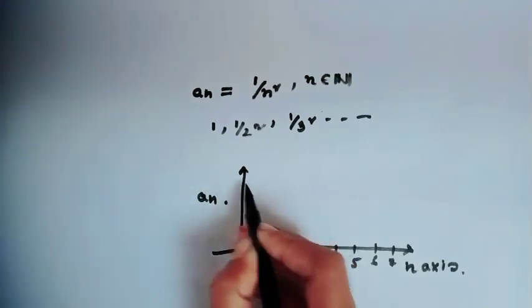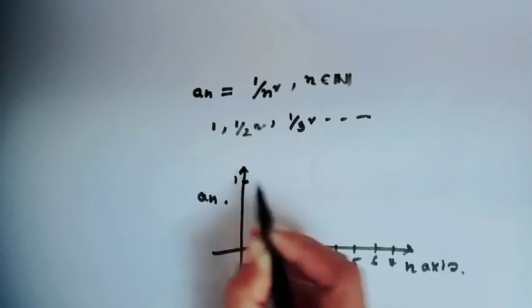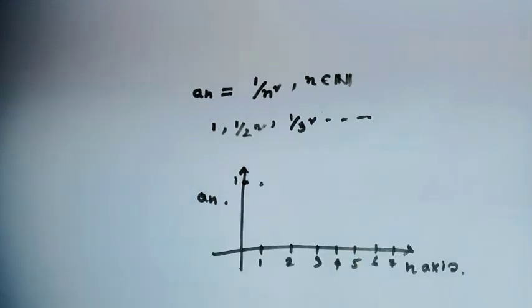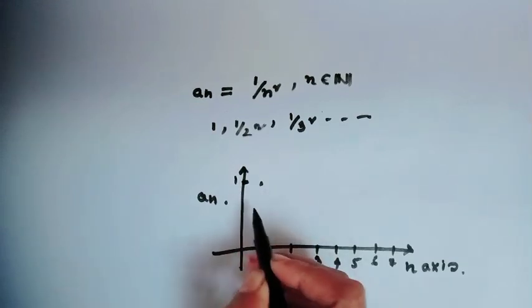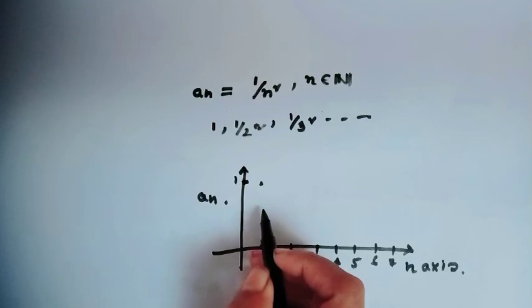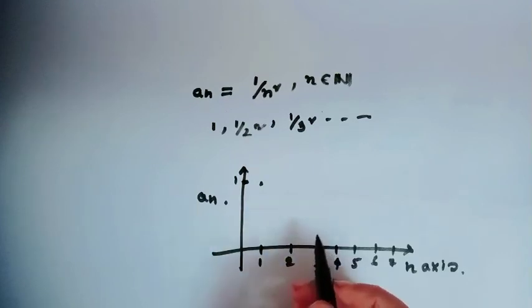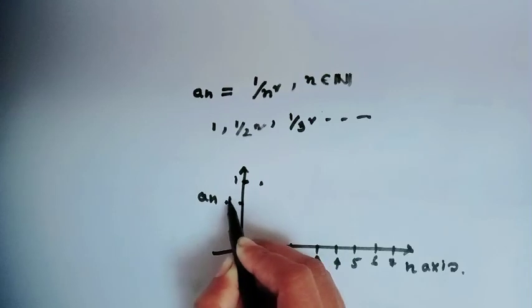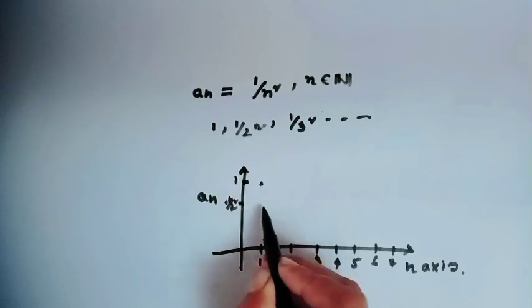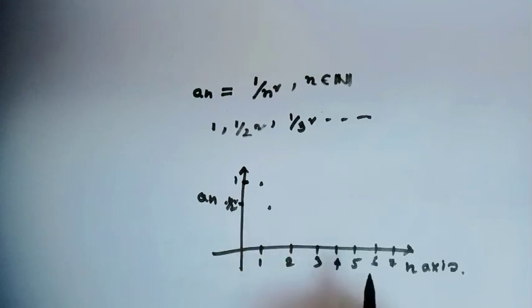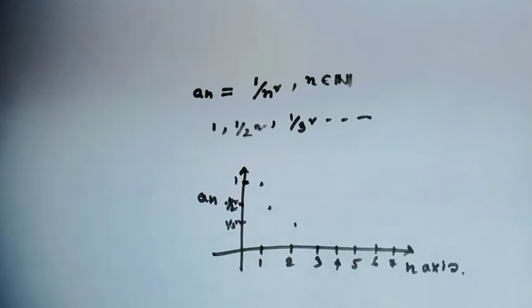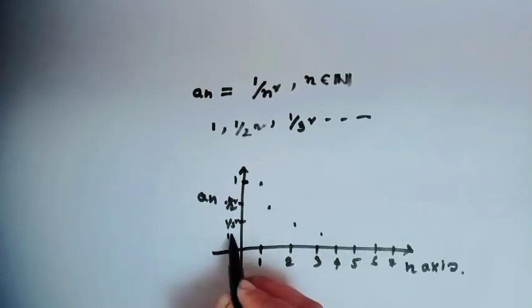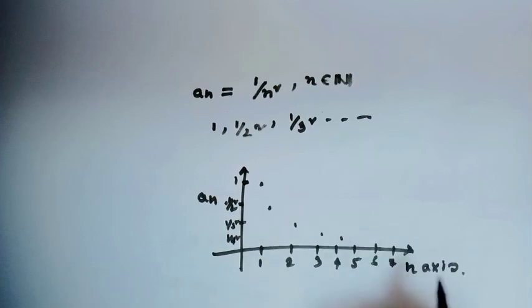Here for n equal 1, this is the value 1. That means here is the point. For 2, 1 over 2 square. This is the point. For 3, 1 over 3 square. This is the value. 1 over 4 square. This is the value. 1 over 5 square, and so on.